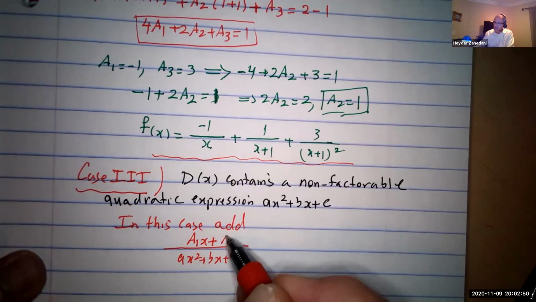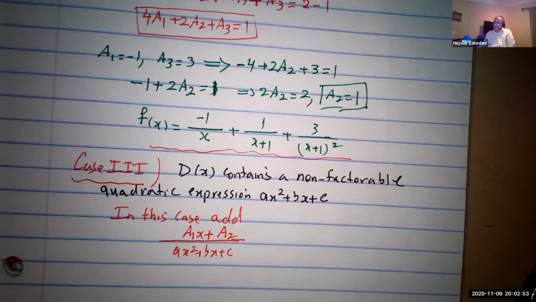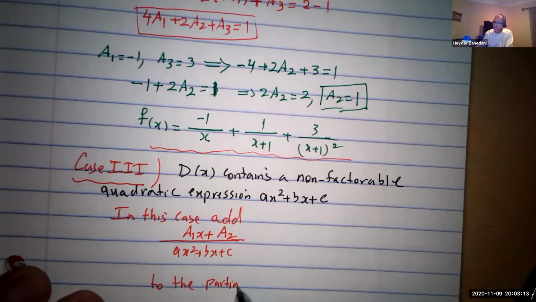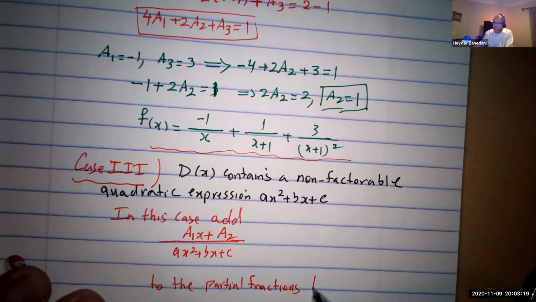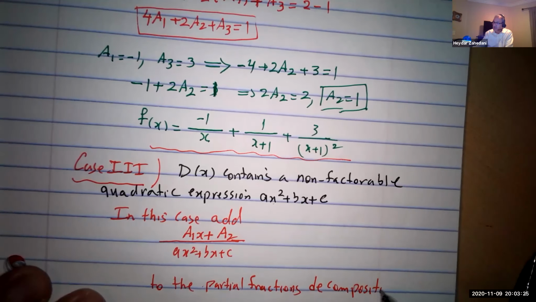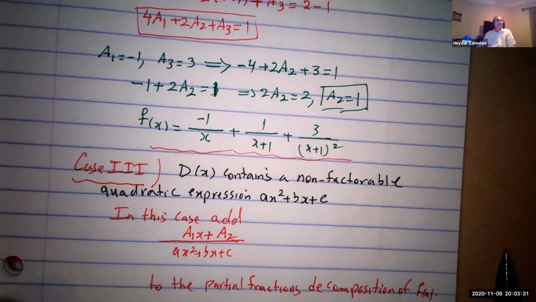Since the degree of the bottom is 2, the degree of the top must be 1 less, so the degree of x must be 1, and you may get a constant here. We add this one to the already partial fractions decomposition of your function f of x.